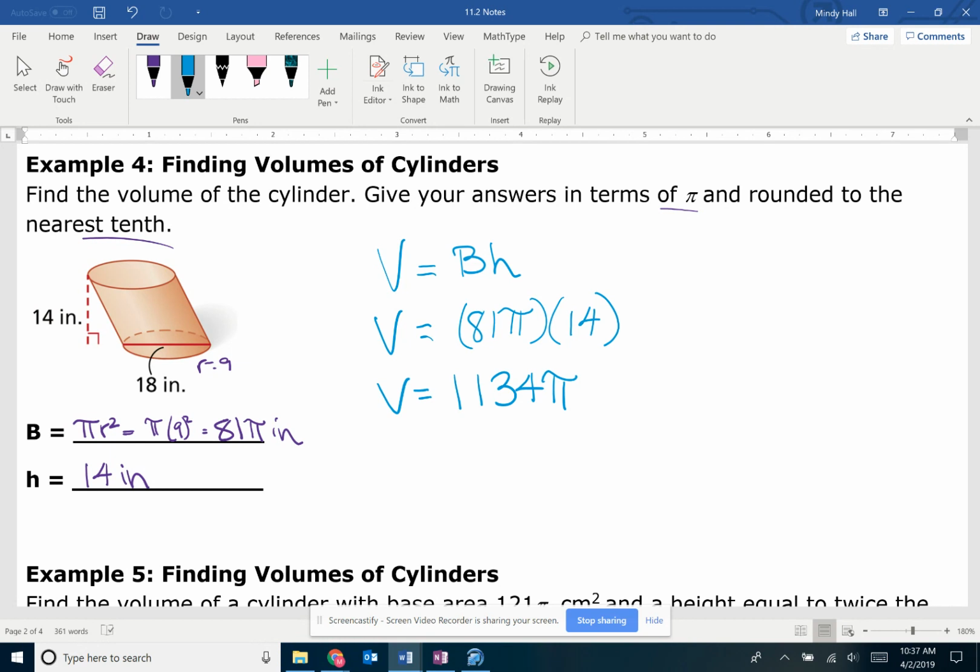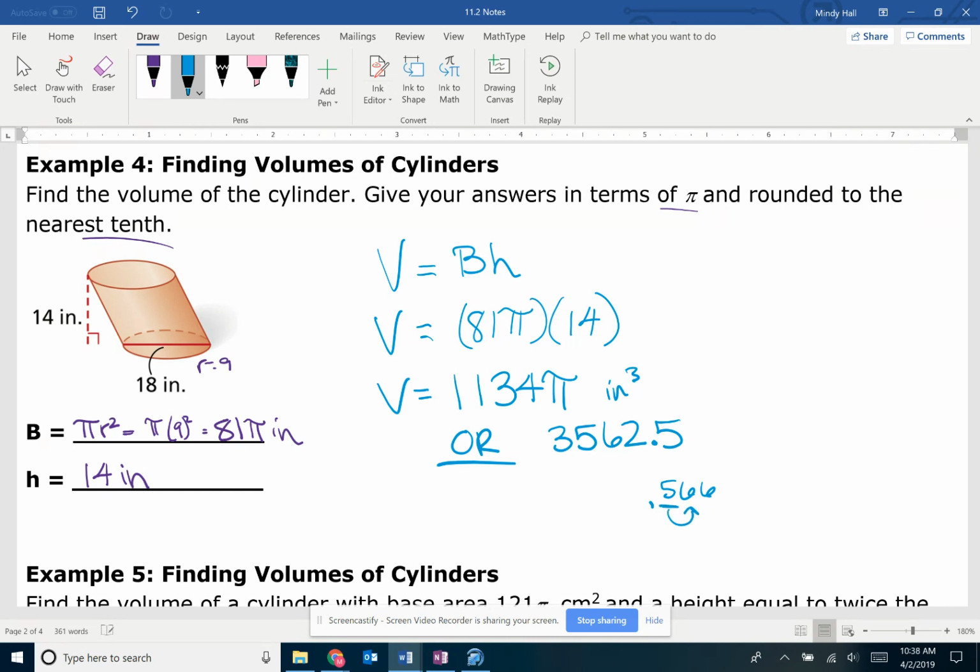But remember, we put it in terms of a decimal. So then you do 1,134 times pi, and that gives you 3,562.566. And so if we have 0.566 rounded to the nearest tenth, this is our tenth.